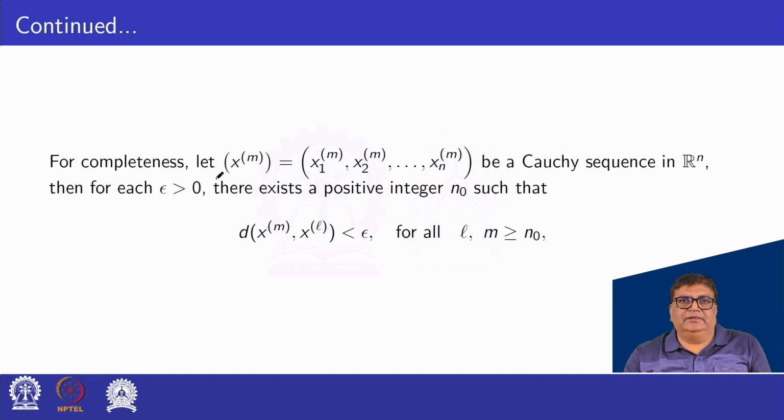For completeness, let (xm) be a Cauchy sequence, that is xm = (xm1, xm2, ..., xmn). This is the notation of a Cauchy sequence. Then for each epsilon greater than 0, there exists a positive integer n0 such that d(xm, xl) is less than epsilon, as per the definition of a Cauchy sequence.